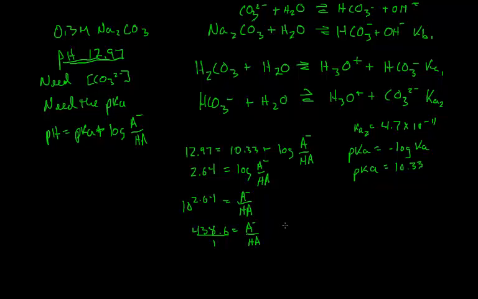But we want to get this into a percent so that we can figure out how much of the sodium carbonate is dissociated at that pH. So HA plus A minus equals 1, where 1 is 100%. We want the percent of A minus. HA is really A minus divided by 438.6.